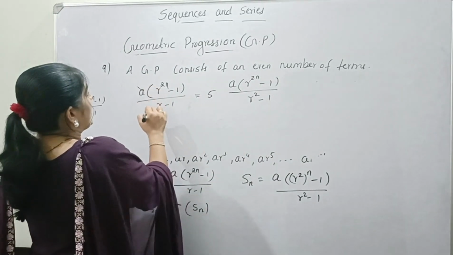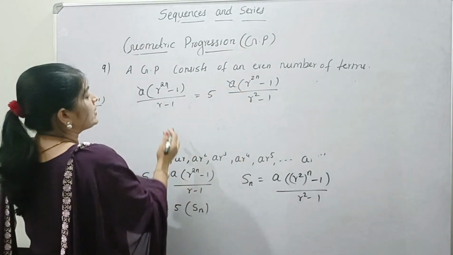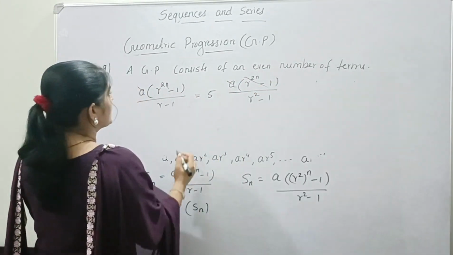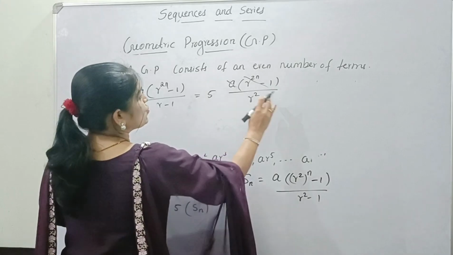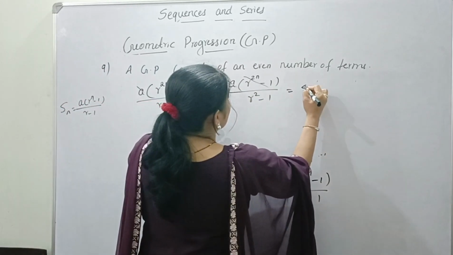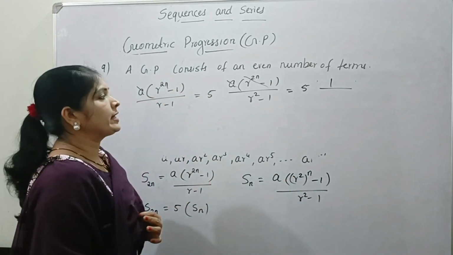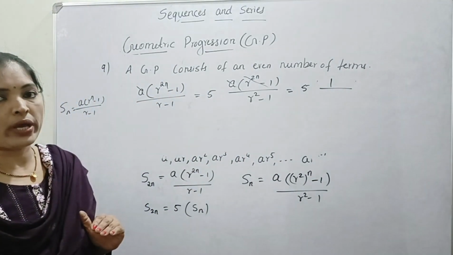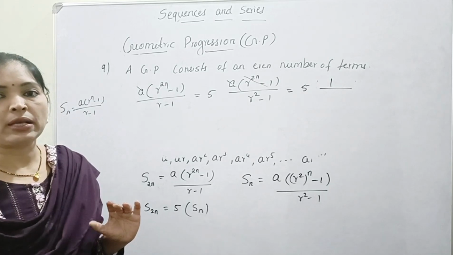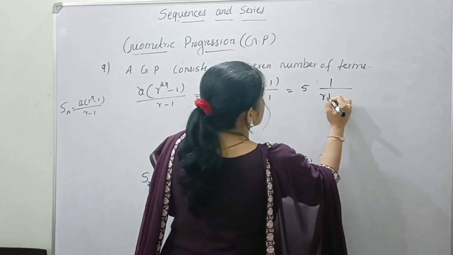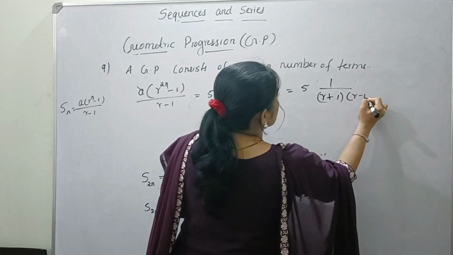Here a cancels, and r raised to 2n minus 1 cancels. Then we have 5 times 1 by r square minus 1. It is in the form of a square minus b square, which is a plus b into a minus b, so we can write it as r plus 1 into r minus 1.